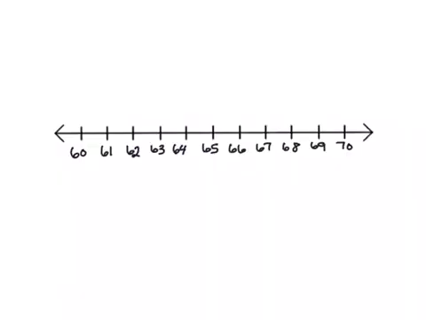Another way you can think about rounding to the nearest 10 is you can draw a number line. So let's say that we wanted to figure out which 10 I would round the number 63 to. So I'd find 63 on my number line. Now, what is halfway between 60 and 70? 65. Okay, we can see that here. 65 is my halfway point.